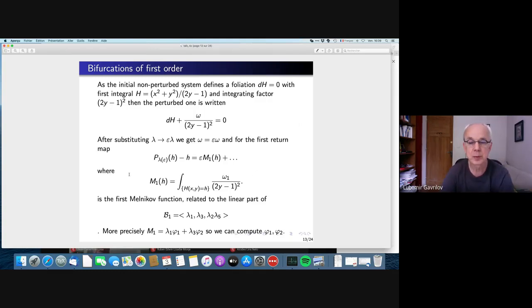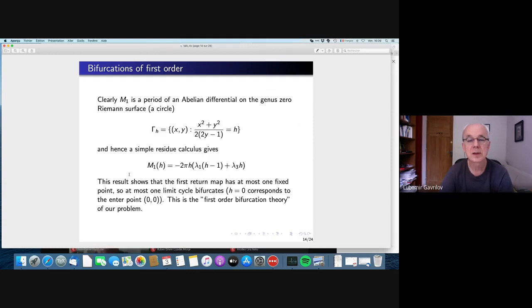So let us compute this explicitly. On the next page, you see what we obtain: some linear combination, with respect to h, more or less of degree 1, in fact. Okay, 2, because everything is multiplied by h, but it is some h which is not very important. This corresponds to the fixed point, which is the singular point itself.